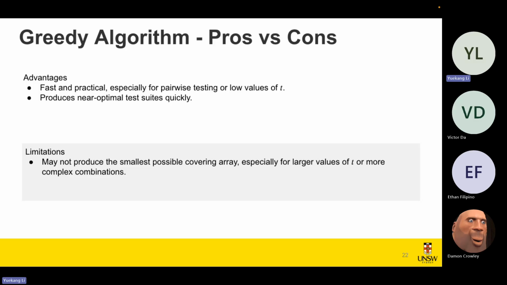We just see how many new patterns each value can give us. So we are not searching for the global optimal; we are looking for the local optimal. So in this case, we may not be able to produce the smallest possible test suite, the smallest covering array we want.